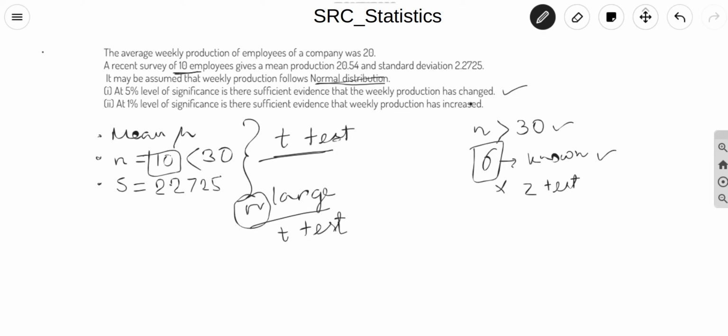One is the conventional method: we find the critical value and compare the test statistic with the critical value. The other is the p-value approach, where we find the p-value and compare it with the level of significance. We shall do both of them one by one.